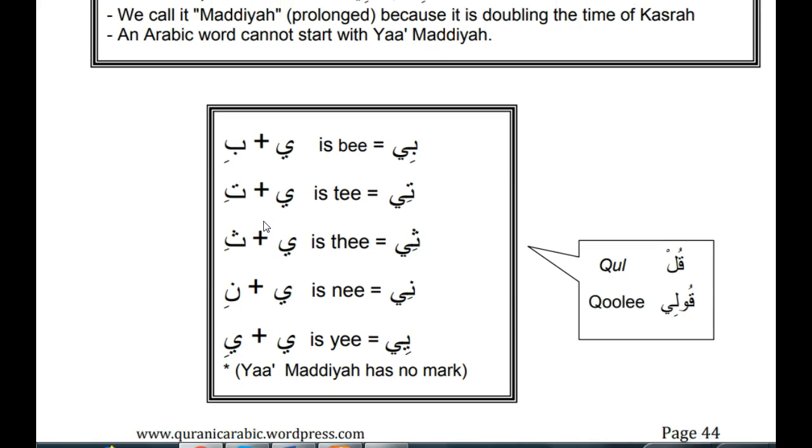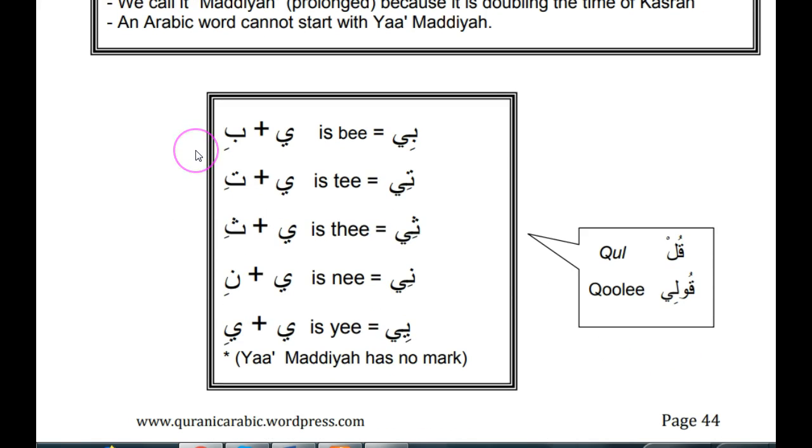Okay, so let's look at this. Bi is, this is inverted, yeah, but it's supposed to be ba with kasra plus ya. Bi. Ti. Fi.